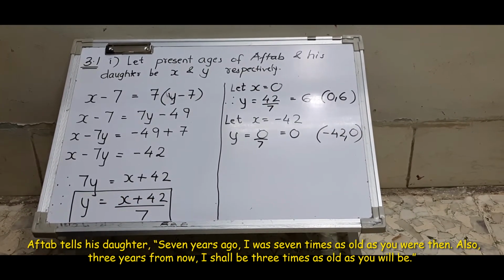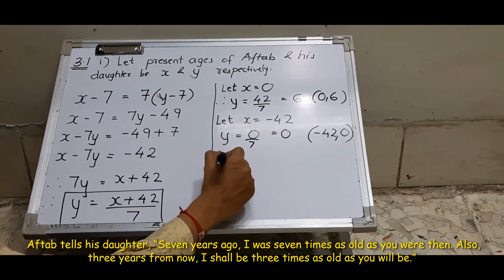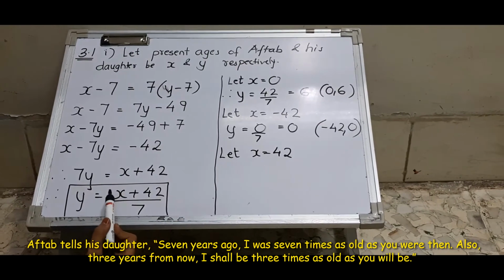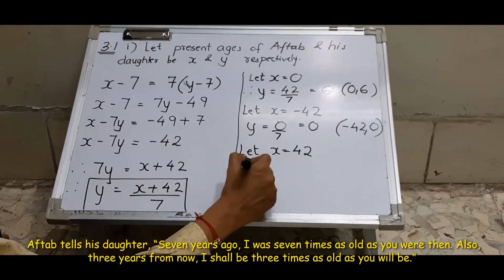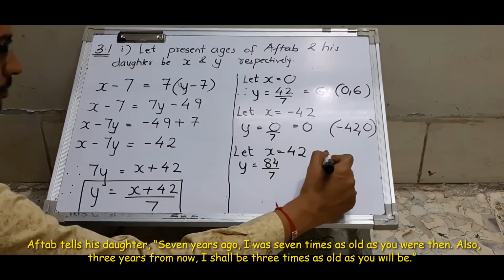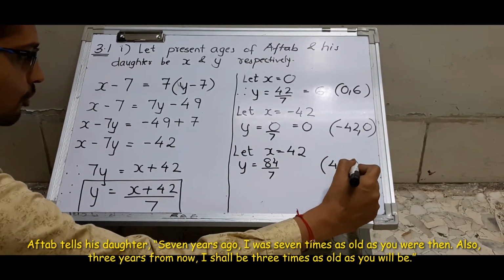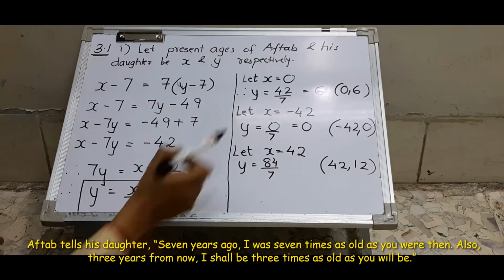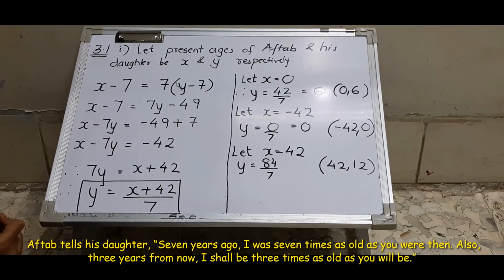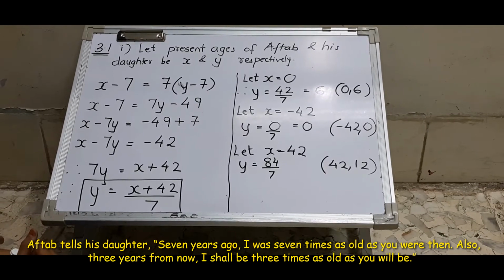Now third, I will take x as 42. You can take any point. I have taken points of my choice. So 42 plus 42 is 84. So 84 upon 7 is 12. So the answer is 42, 12. So remember these points: 0, 6; minus 42, 0; and 42, 12.